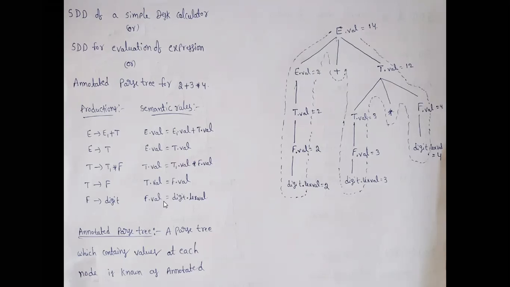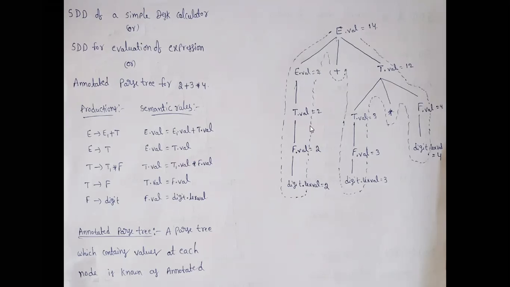Then F dot value is equal to digit dot lex value. So what is the digit dot lex value? F dot value is equal to digit dot lex dot value. So what is the value of digit dot lex value? That is 2. So we are placing 2 here.